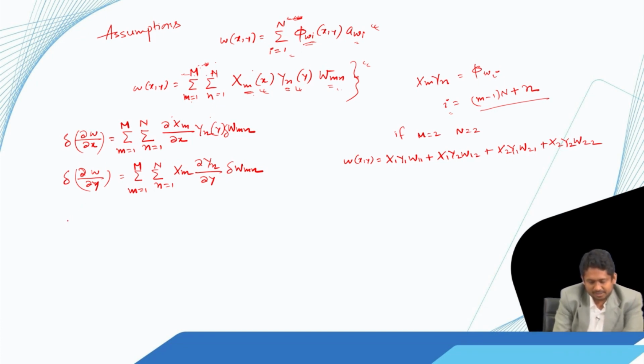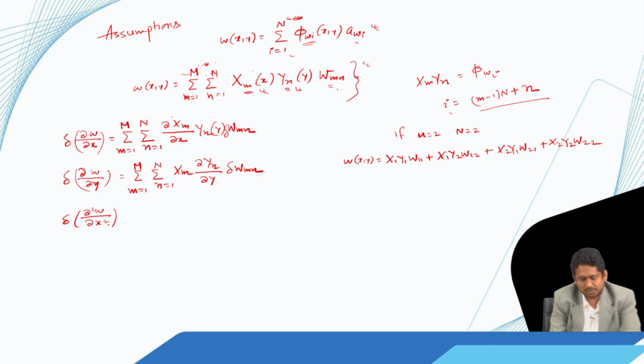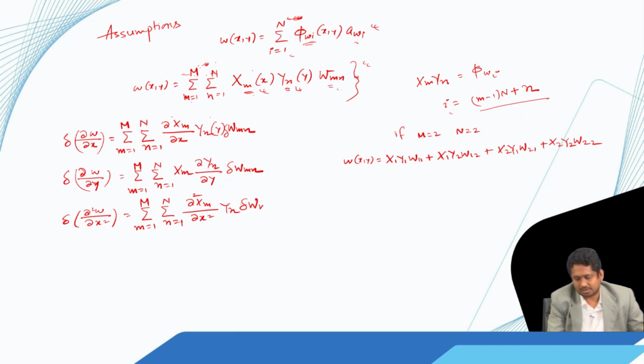Now, I can define the double derivatives with variation. So, del 2 w by del x 2, I can write this as n going from 1 to capital N and m going from 1 to capital M, and then x m has to be differentiated twice, and we have y n and then variation of w m n.